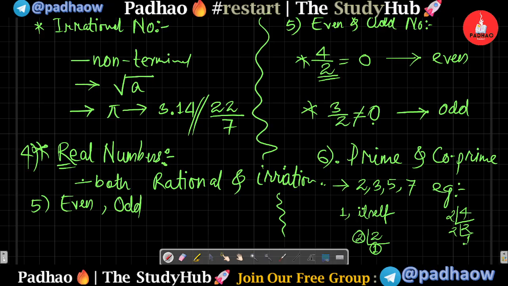For example, 15 and 16 are co-prime numbers. This is the example, and in the next class we'll go a little deeper and solve most of the questions.